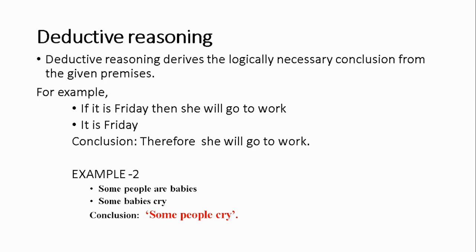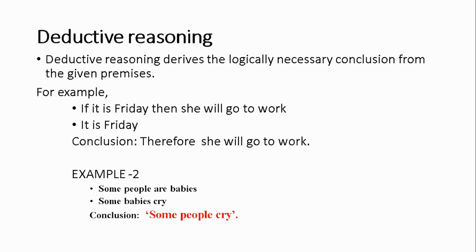Statement 2 is: it is Friday. From statements 1 and 2 we can draw a conclusion: therefore she will go to work. This is the conclusion we have drawn from the above statements.